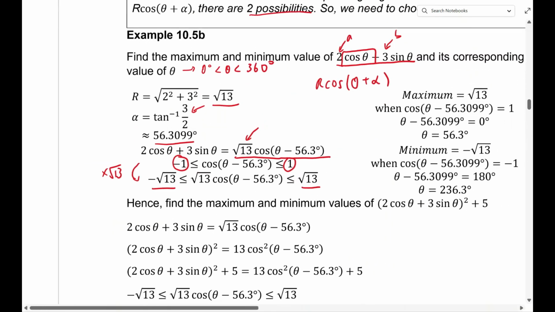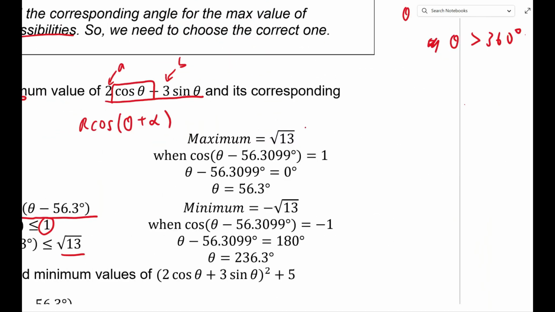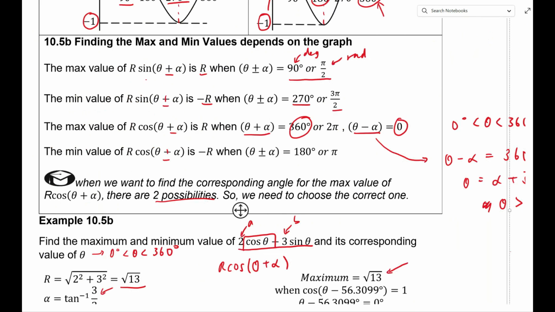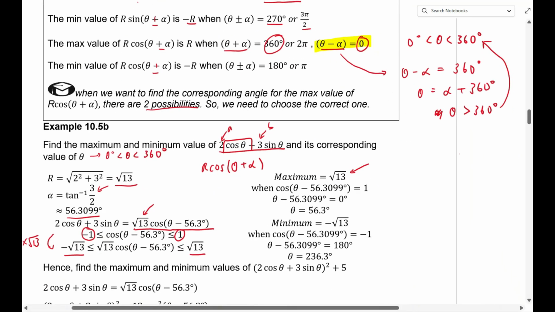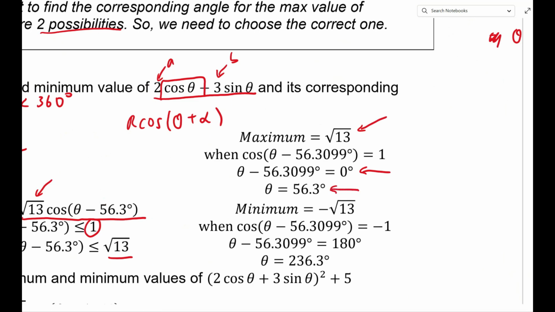And from then, we need to find the corresponding value of theta. So at our maximum value, the corresponding angle of theta minus alpha equals 0. That's why we will equate this to 0, and then shifting over the 56.3, we'll get theta equals 56.3.